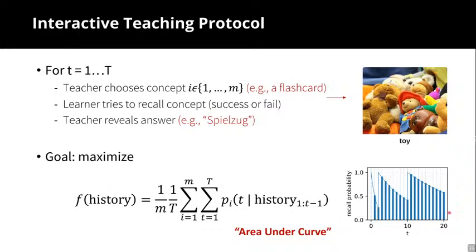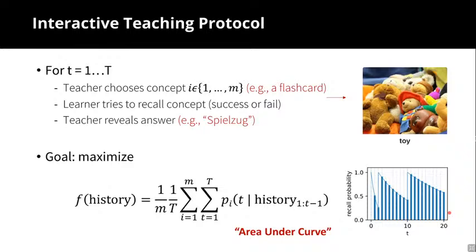We first propose a surrogate objective function, imagining a rigorous quantitative measure of the learner's performance.